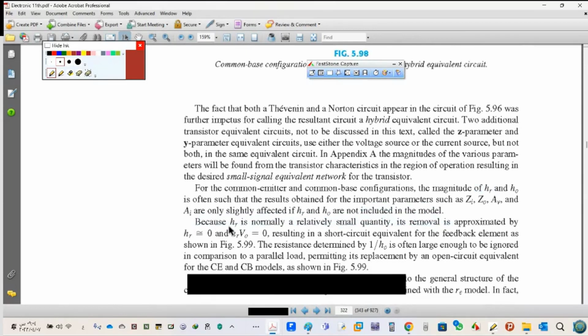Usually, HR is a relatively small quantity, so it's approximated by HR equals 0, resulting in a short circuit for this one.